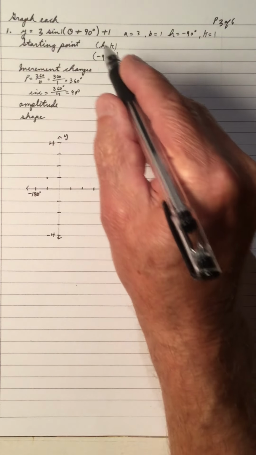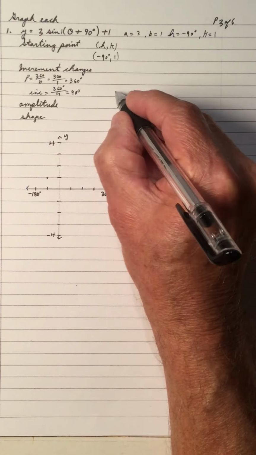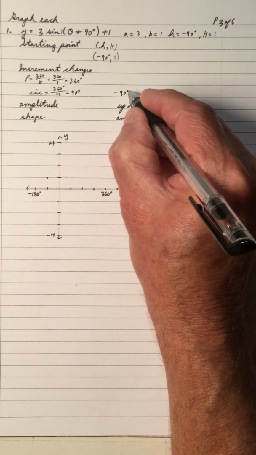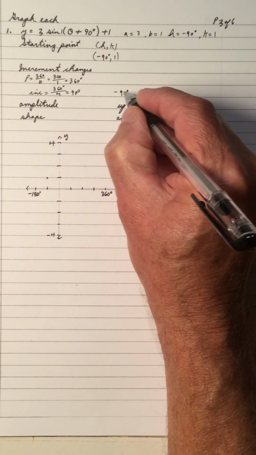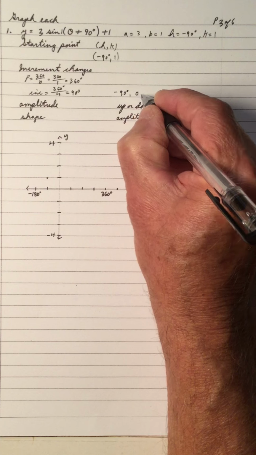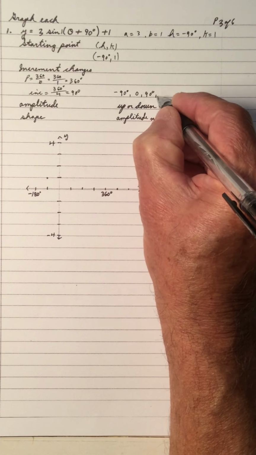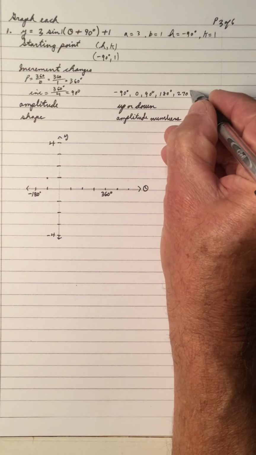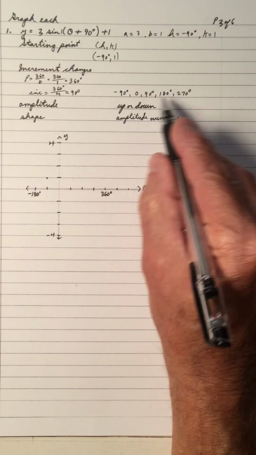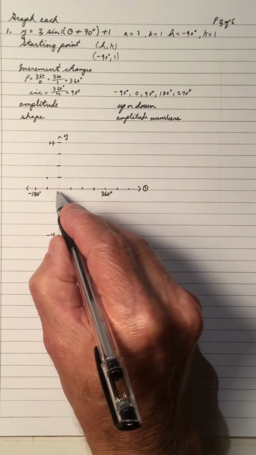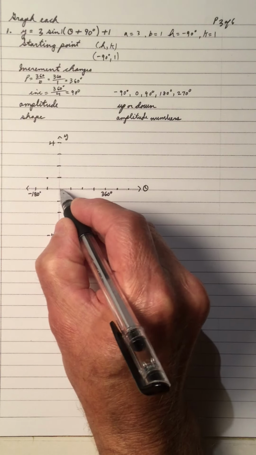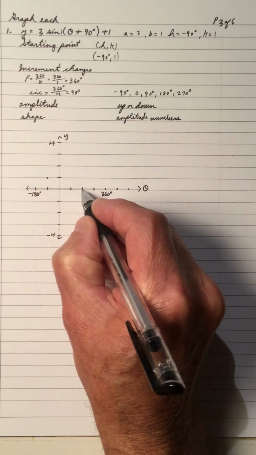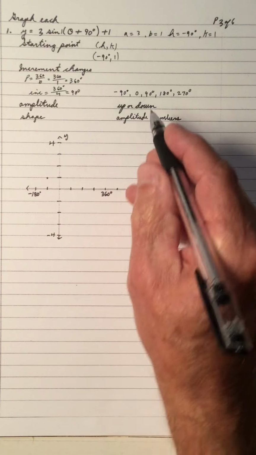So we're starting with a negative 90 and we add on 90. So negative 90 add on 90 is 0. Add on 90. Add on 90. And add on 90. So this is negative 90, this is 0, that's 90, that's 180, and that's 270.